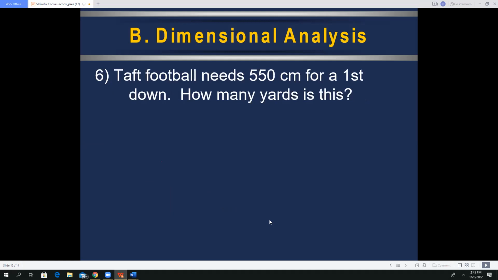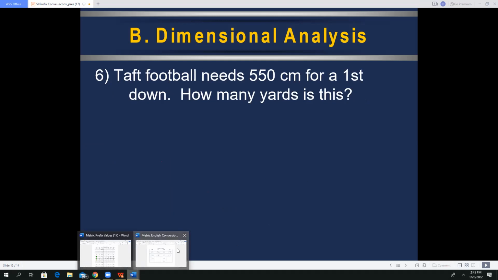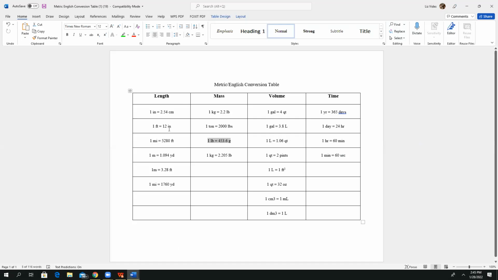Okay, here's another one. Taft football needs 550 centimeters for a first down. How many yards is it? Okay, let's go looking. Do we have anything that connects centimeters and yards? Okay, got centimeters to inches. We got meters to yards. That's meters to feet.